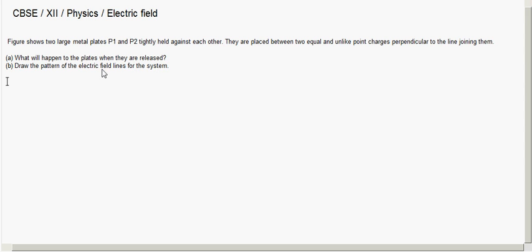I'll give you the figure also. Two plates, P1 and then P2.